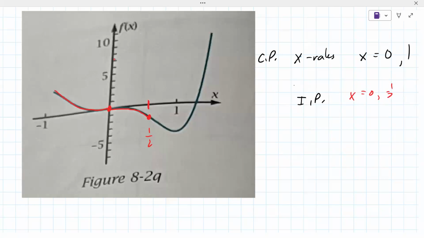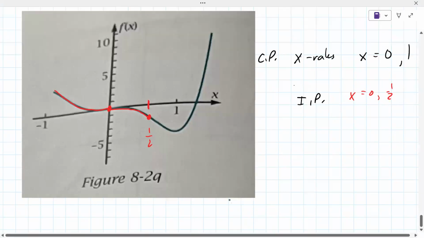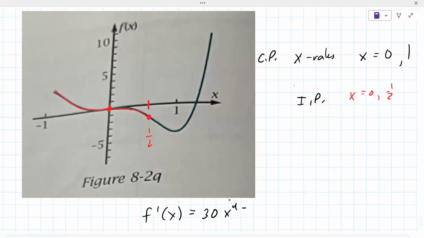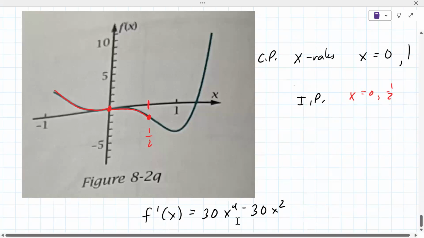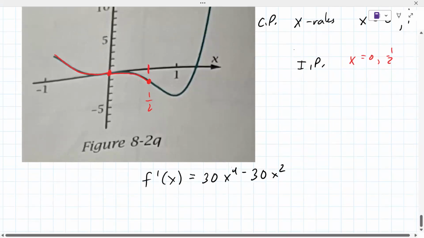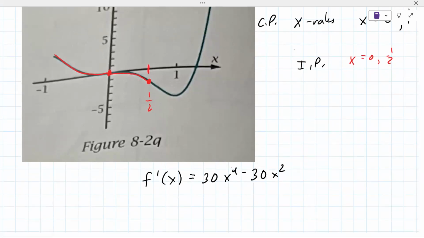Okay, now you had previously found the derivative of this function to be 30x to the fourth minus 30x squared. Could you take another derivative of this for us, please? 120x cubed minus 60x.